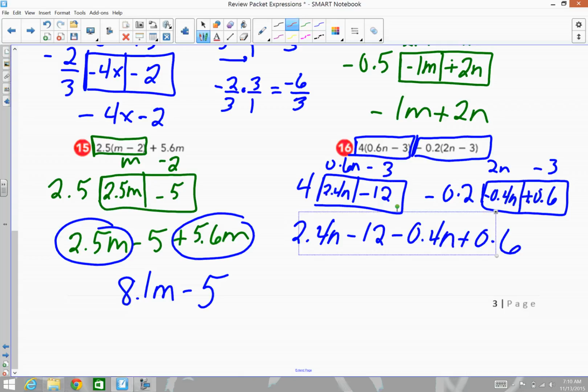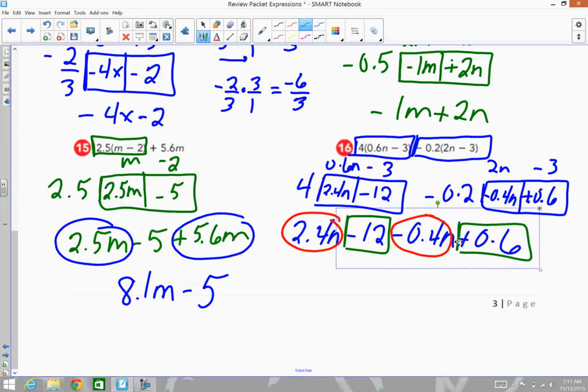Okay, and we're going to combine the n's, and we will also combine the constants. Okay, so we have 2.4n minus 0.4n should give you a 2.0n. And then we also have negative 12 plus 0.6.